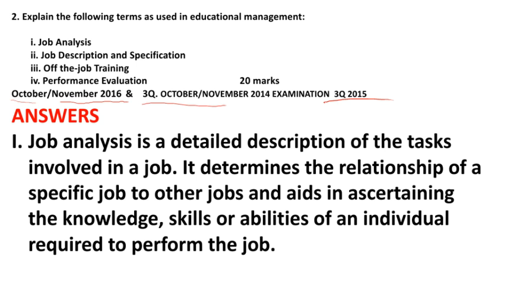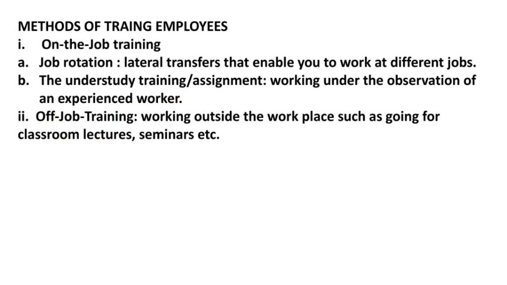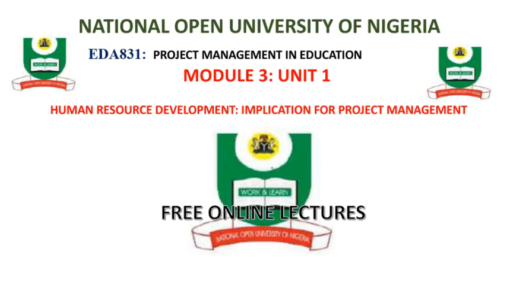That is what job analysis is. The second question there is job description and specification. We have to explain job description and specification. We have done that here before. You recall? We've done something like that here.